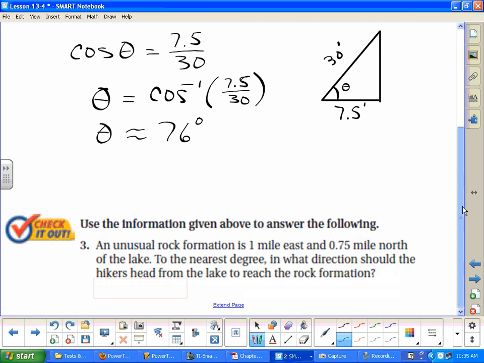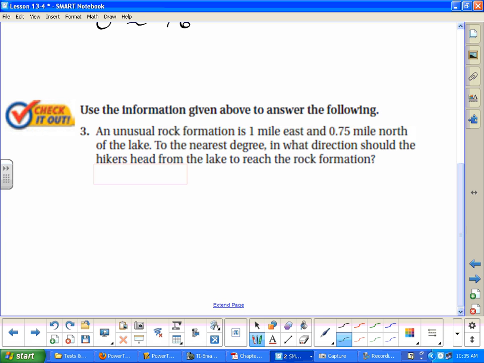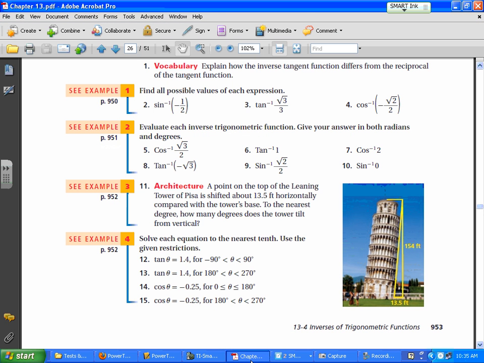All right, so you want to do this, or you want me to do it with you? Okay. All right, so we have, if you look at the book, let's see what we got here. That's not it.